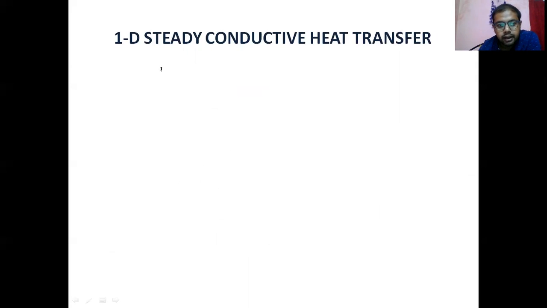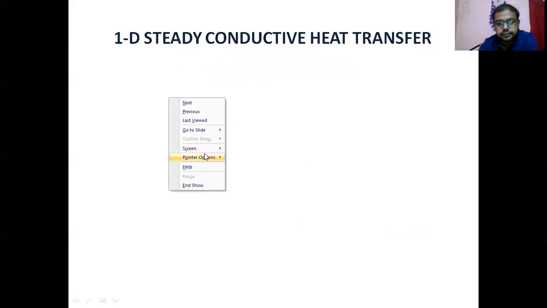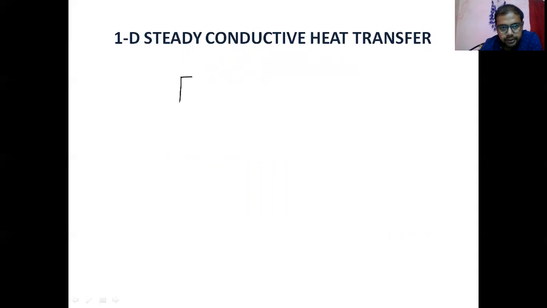So from the plane wall, if you take one small elemental area at distance x, my drawing is not coming properly. In this element, the length of the element, if you take it as delta x.